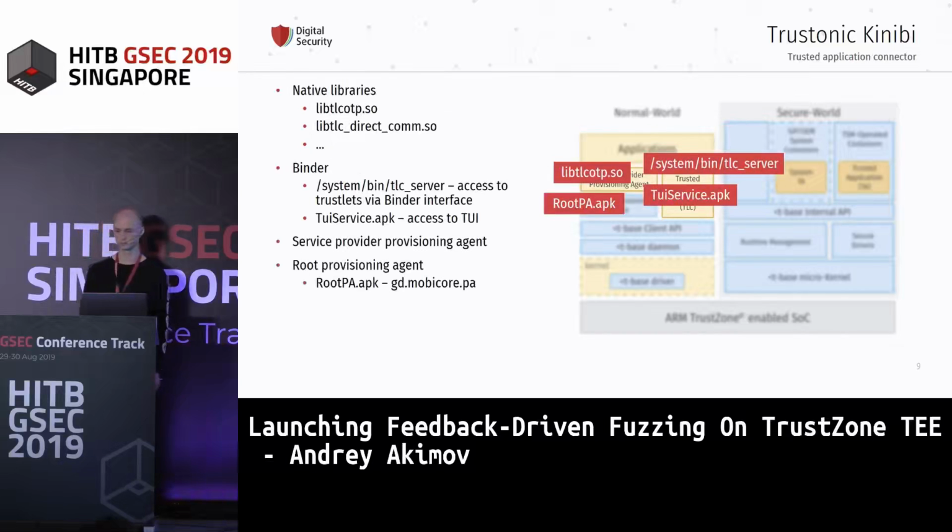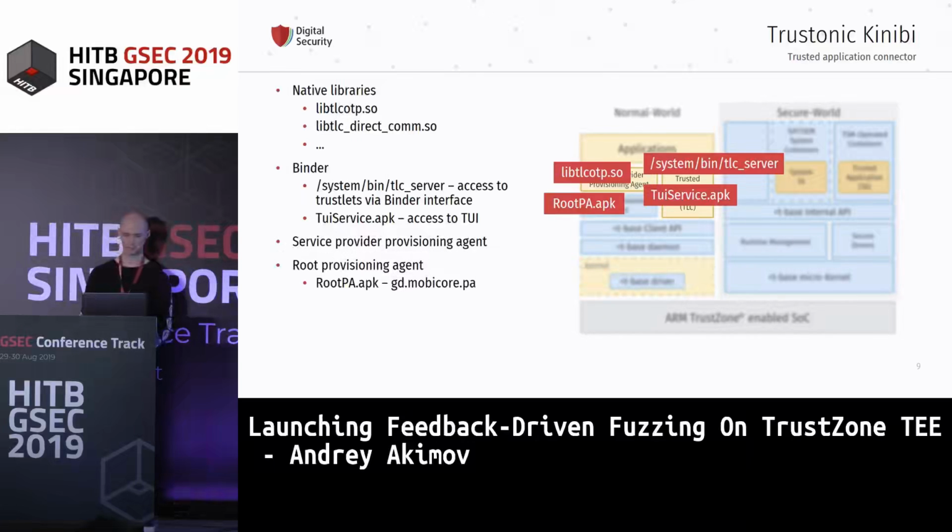On the next level, in the Kinibi architecture, so-called trusted application connectors operate. They provide higher-level interfaces for client applications to work with secure world functions. There is a native interface in a set of libraries, and for some trusted services, there is also a binder interface in the TLC server application, TUI service applications as well.